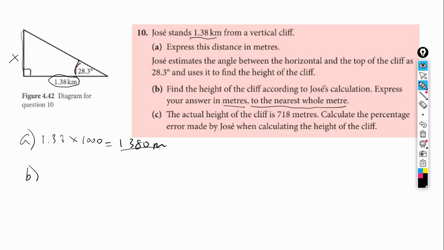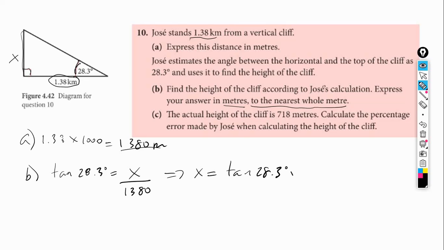Because we have a right triangle, so we can say really that tangent of 28.3 degrees is equal to x, opposite over adjacent, over 1,380.